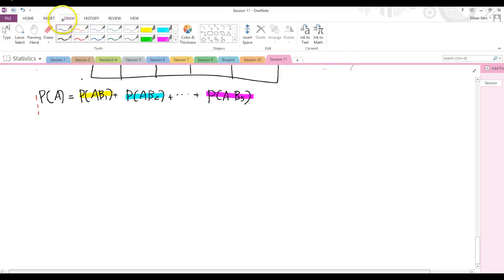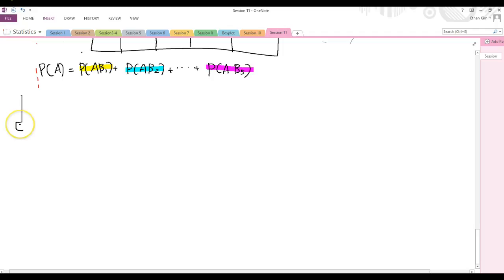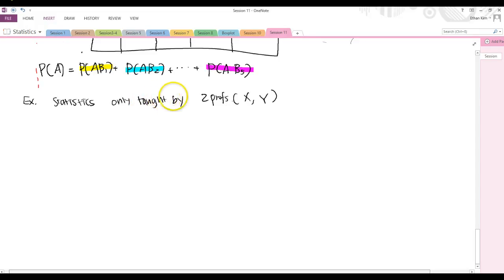So the example that we're trying to look at is, suppose that a statistics class is only taught by 2 professors, Professor X and Y. And a student is picked at random.